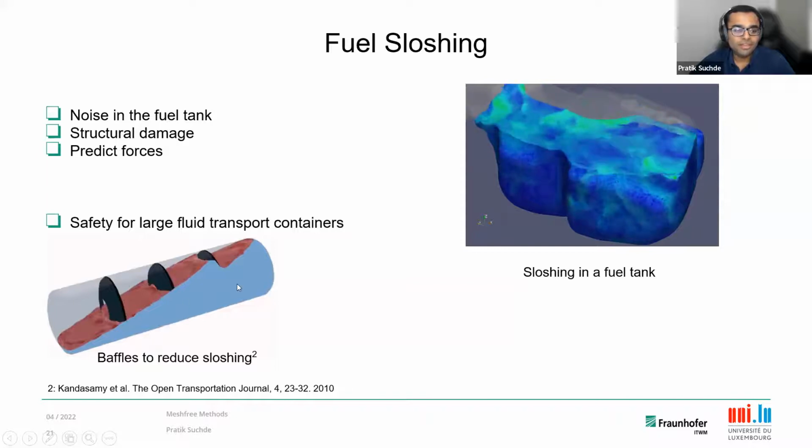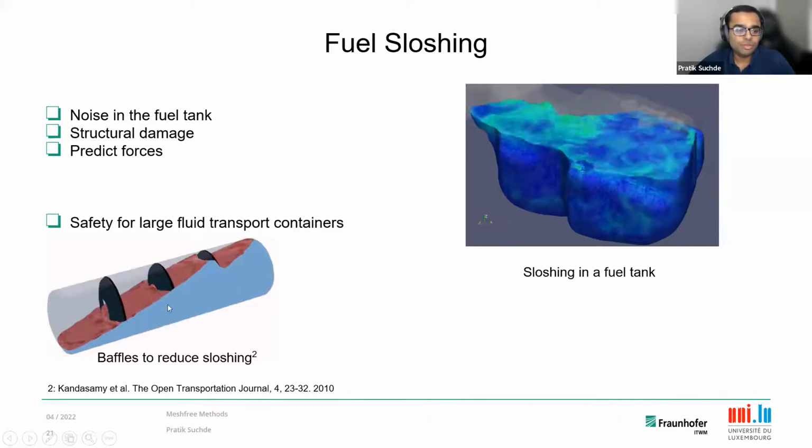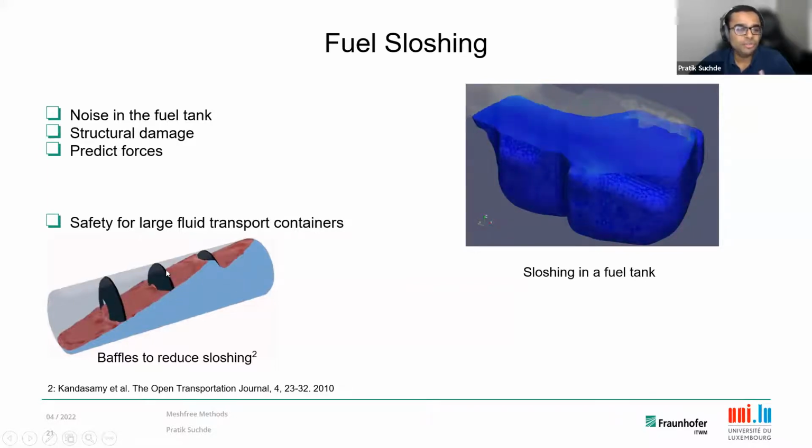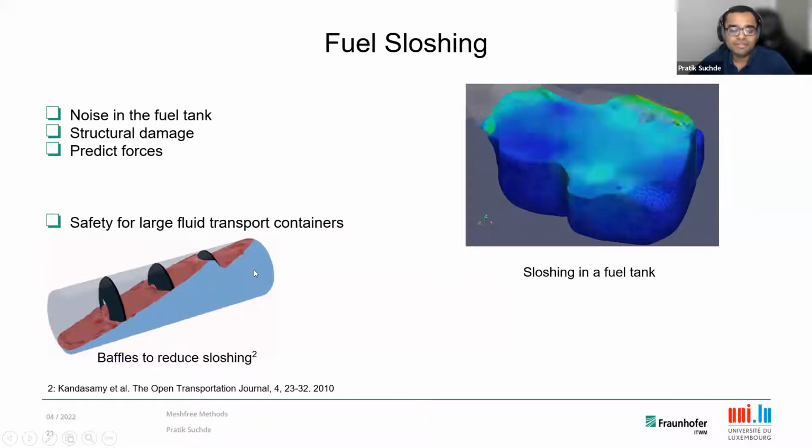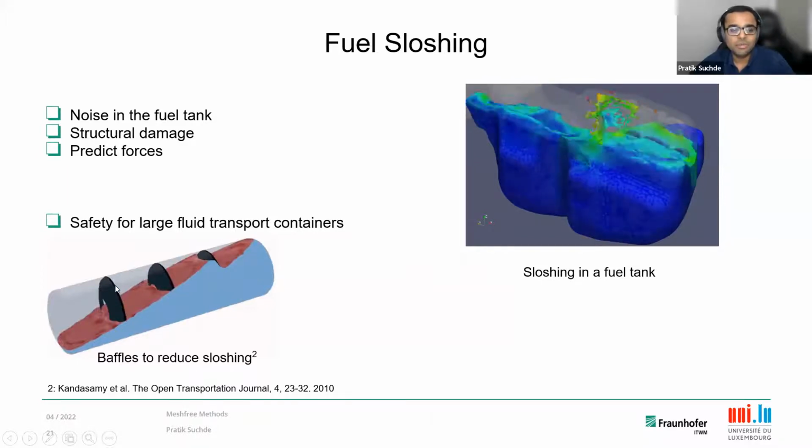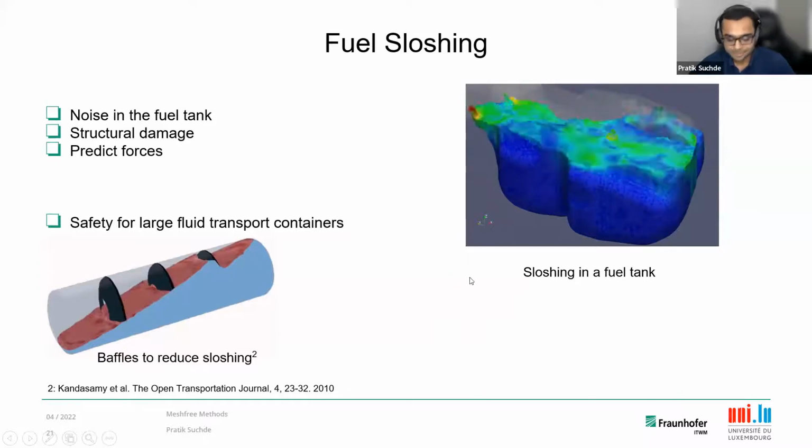So for these problems, it's very important to put breakers or baffles to reduce the sloshing, and we need simulations to truly decide where to put these barriers.